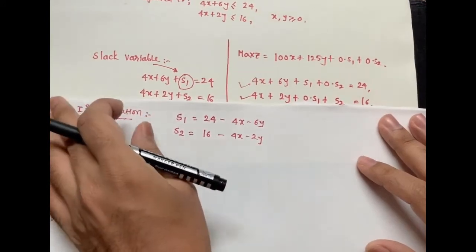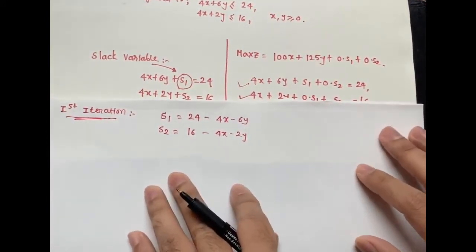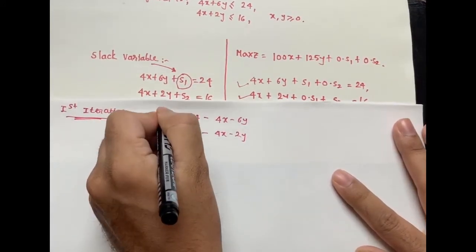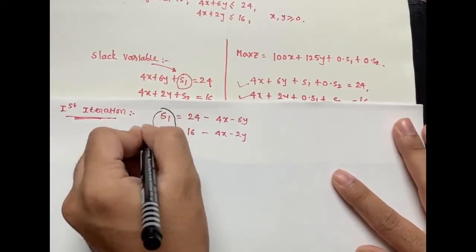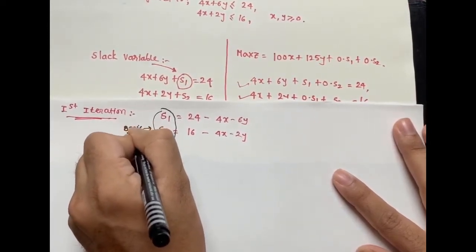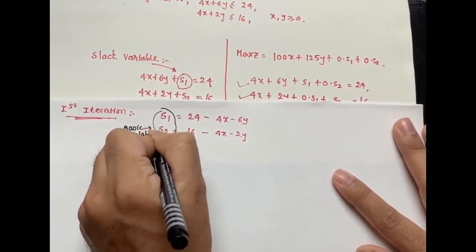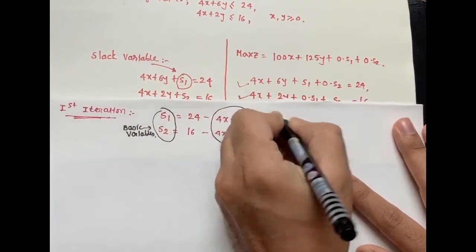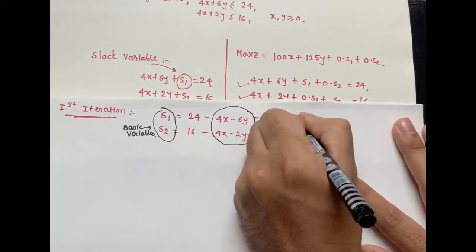These are referred to as basic variables and non-basic variables. So s1 and s2 in these equations are my basic variables, and x and y in these equations are my non-basic variables.